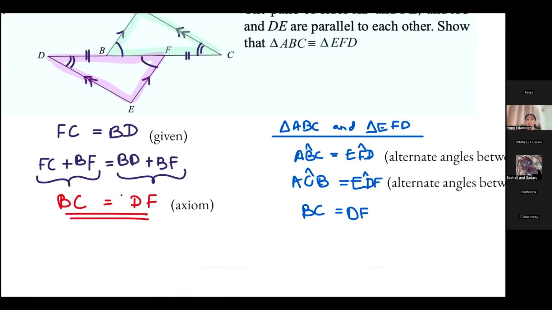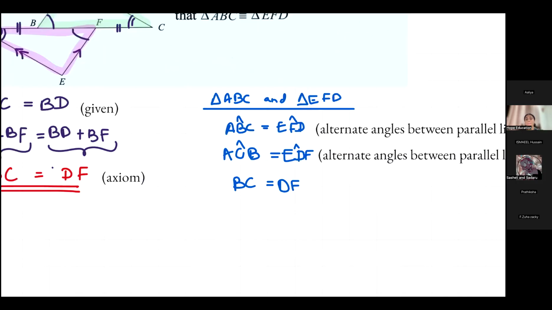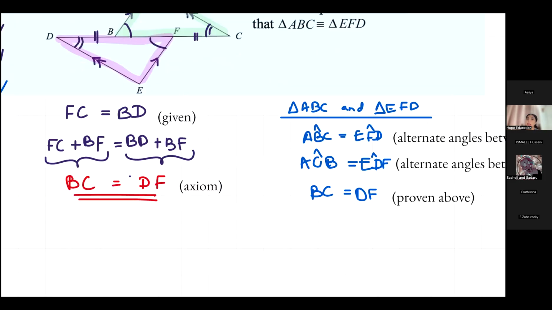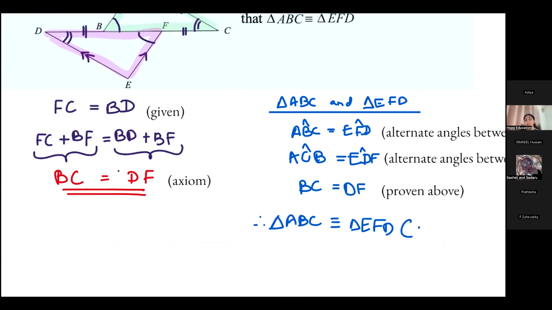And what should I write here as the reason? Proven above. I have proved it here, no? So I can say proven above or already proven or something like that. Therefore, triangle ABC is congruent to triangle EFD under the AAS case.